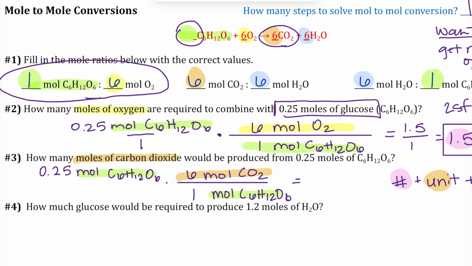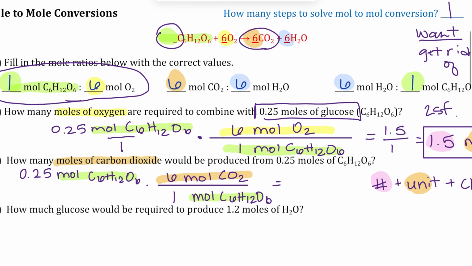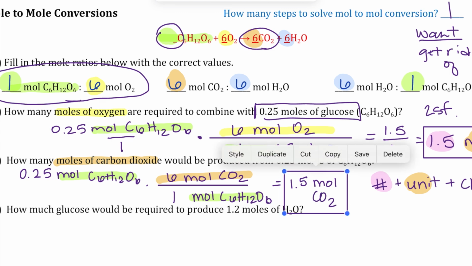And then we can go ahead and do that math the same way we would before. 0.25 times 6 divided by 1, and we also get 1.5 moles of CO2 is our answer.